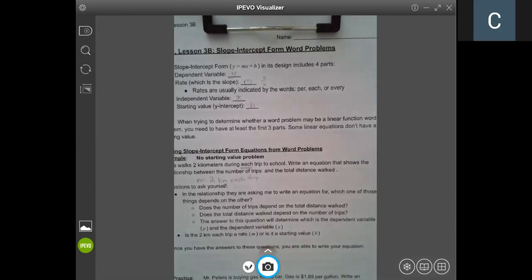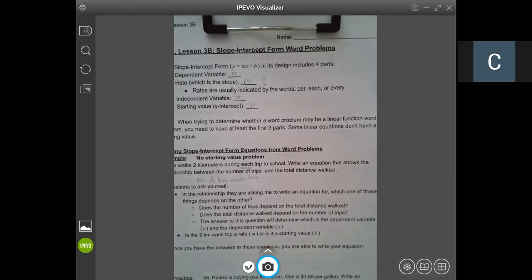So let me go to Andrew. Good morning, Andrew. Good morning. All right, so which of these do you think is the case? Do you think the number of trips depends on the total distance walked, or does the total distance walked depend on the number of trips? I think it's the number of trips depend on the total distance walked.